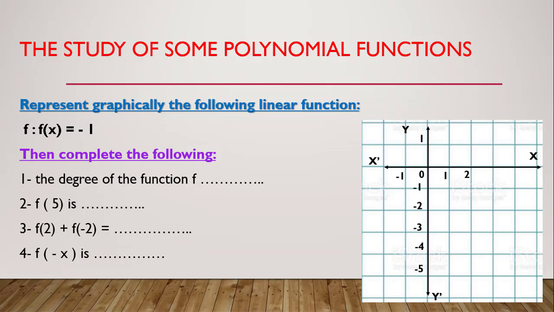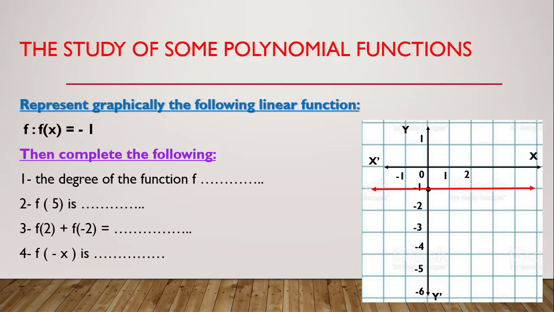I'll draw this line parallel to x and intersect y in the point 0 and -1. This is the point 0 and -1. This is the intersection point with y. So this is the straight line. So now we have a straight line parallel to x-axis and intersecting y in the point of 0 and -1.